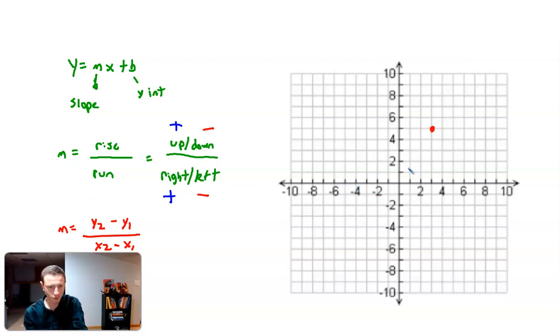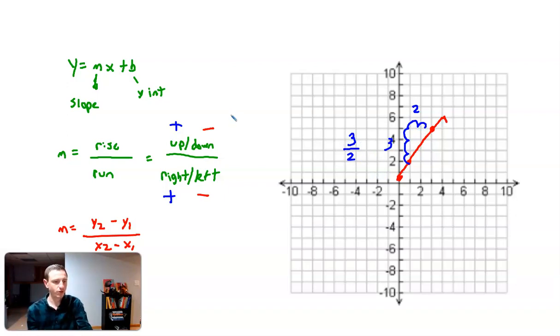Let's just say I had two points like here and here, and I had this line. The rise would be how many units? 1, 2, 3 over 1, 2. So our rise over run is a positive 3 over 2. We went up 3 vertical units, and then we went over 2 horizontal units. So the slope of this line would be 3 over 2.